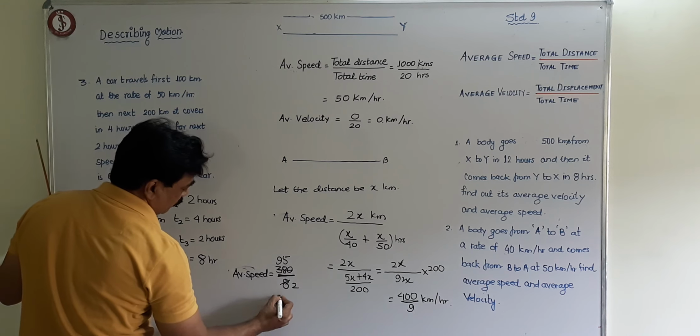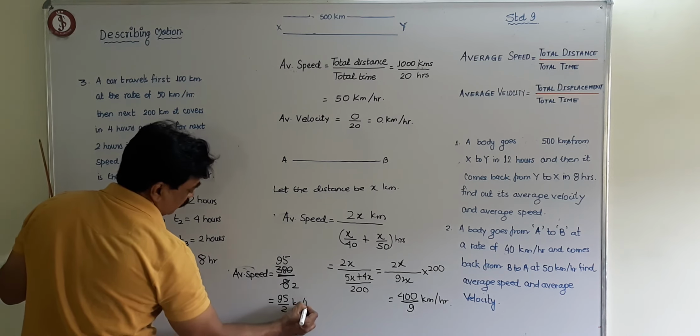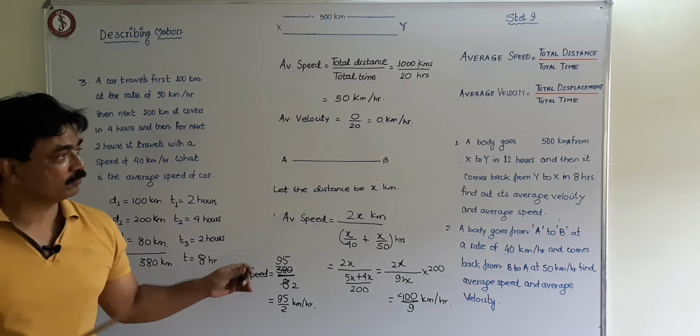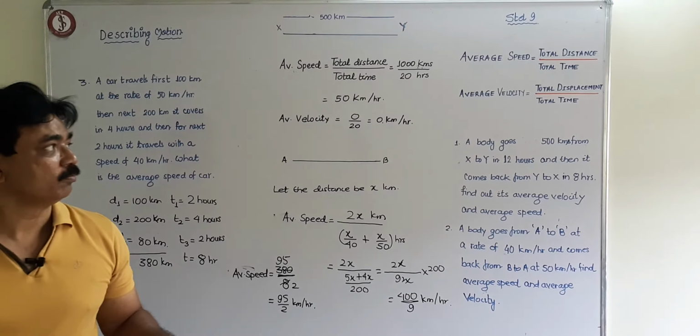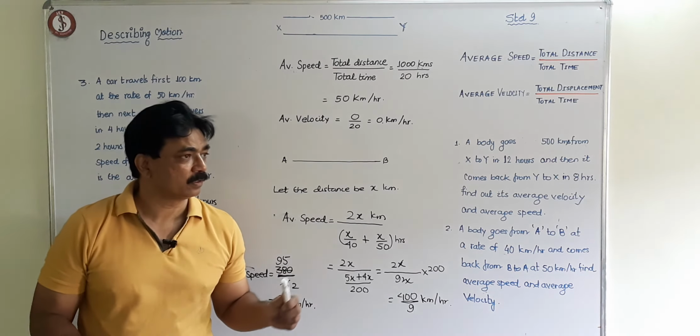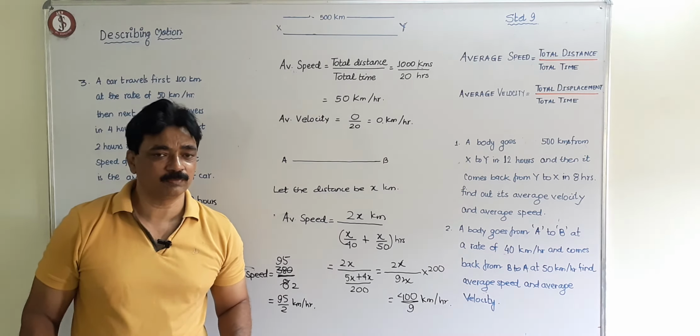So 95 by 2 kilometers per hour. So that is the case. So this is the way we deal with the numericals of motion chapters. Thanks a lot. You zoom up and nicely you do the exercises based on this. Thank you.